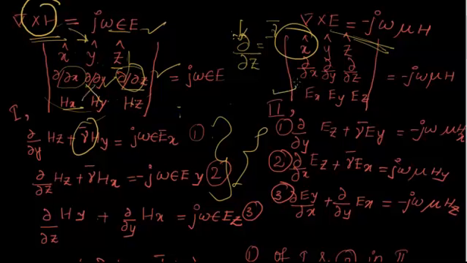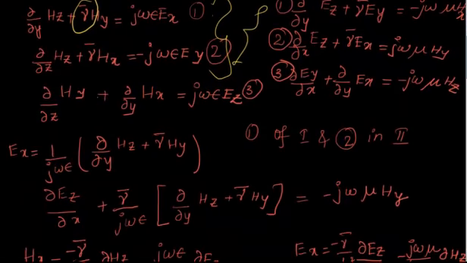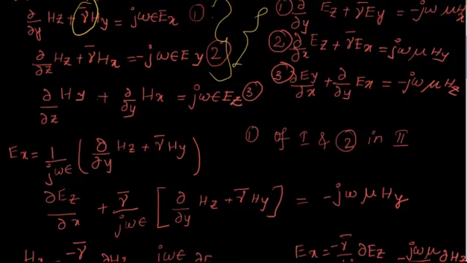The similar thing is with this determinant. Now from these set of equations, we will see how you find out equations for Ex, Ey, Hx, Hy. These will be used in the next lecture.